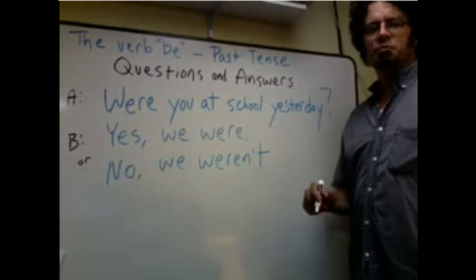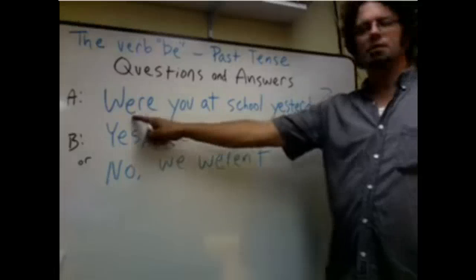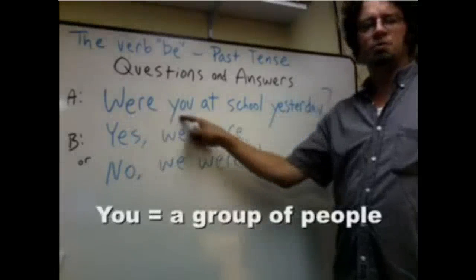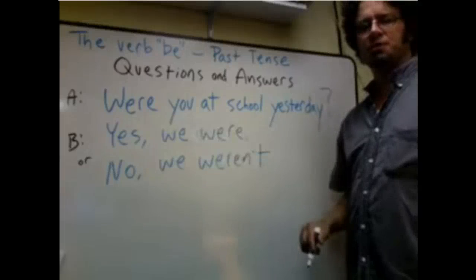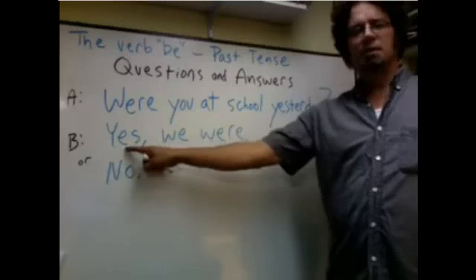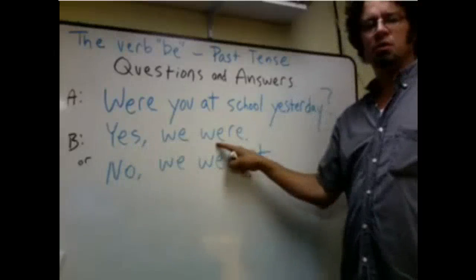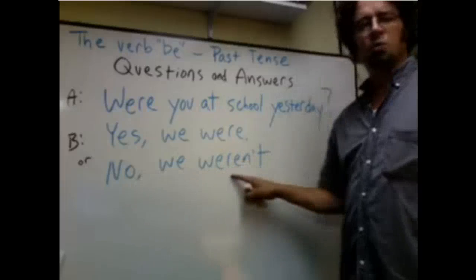To ask a group of people a question using the verb be in the past tense, use were you. Were you at school yesterday? Their answer: yes, we were, or no, we weren't.